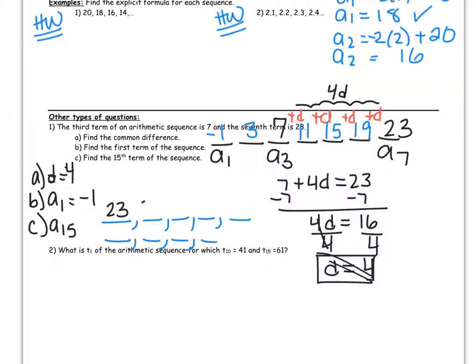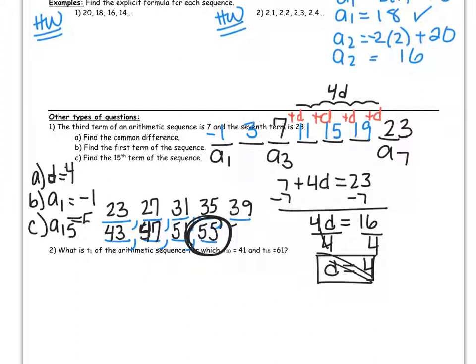So 23 plus 4 is 27. 27 plus 4 is 31. Then 35, 39. Then 43. 47. 51, 55, and that's it. 55 is my a sub 15, my 15th term.